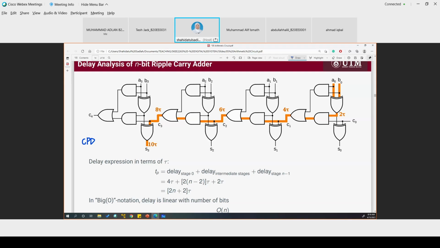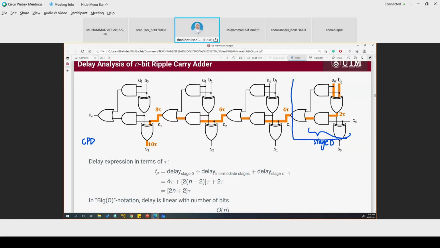In this example figure here is a 4-bit ripple carry adder. And we divide it into 3 stages, which is called stage 0 on the first full adder. So we have 4 full adders here.